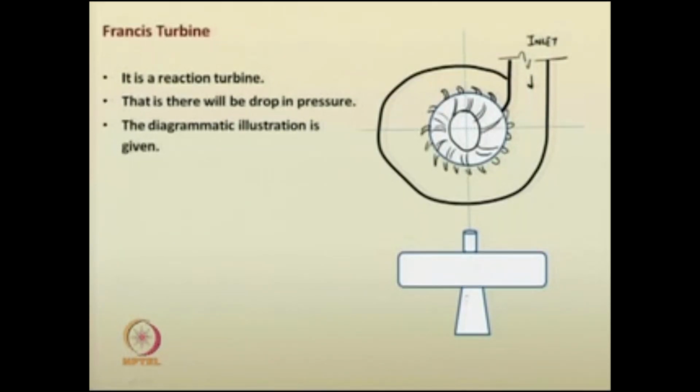A cross section is being shown here. It rotates; these are the blade sections, you will have blade portions like this and all. Water after coming here rotates, then goes out like this. This is the outlet portion.